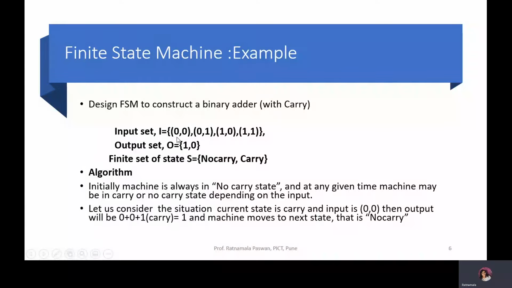We are considering 0 comma 0, 0 comma 1, all these are the input pairs. Output is again two symbols, 1 comma 0. Now the new term is the set of states, which is given by S. Since I already mentioned there are two states, that is carry and no carry.